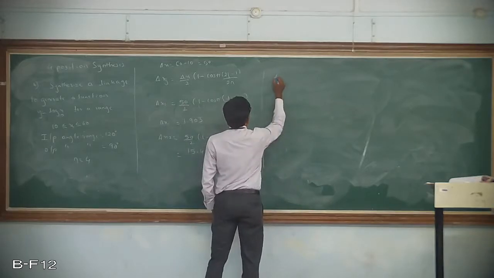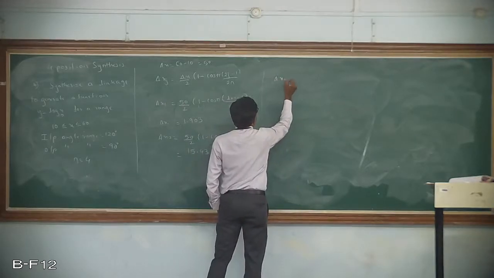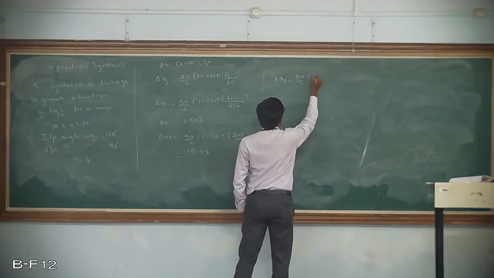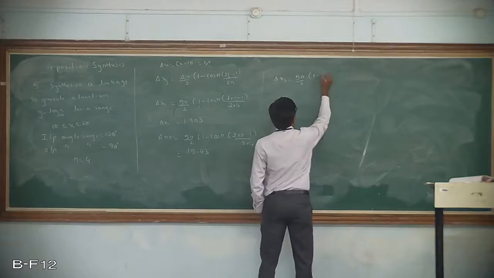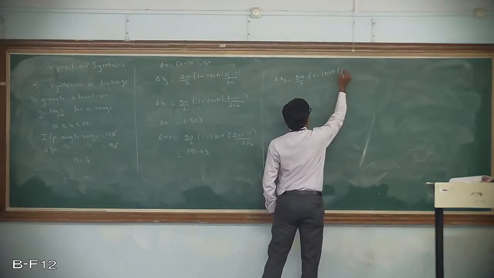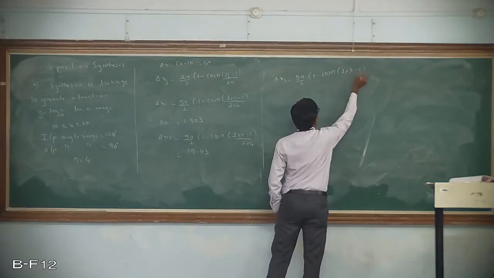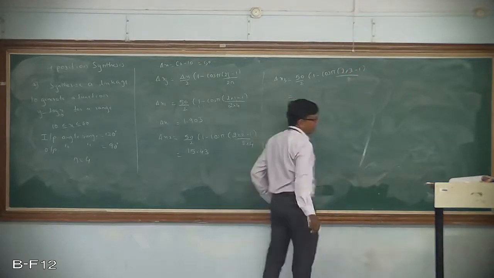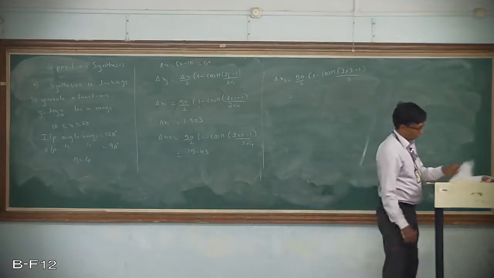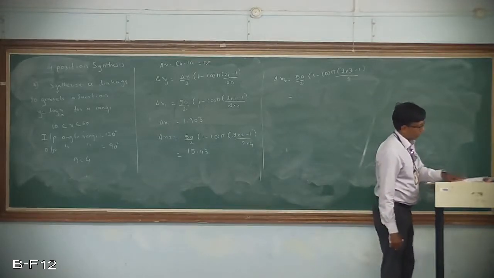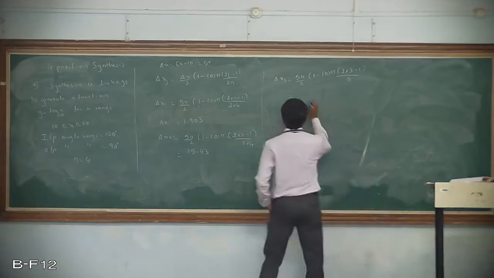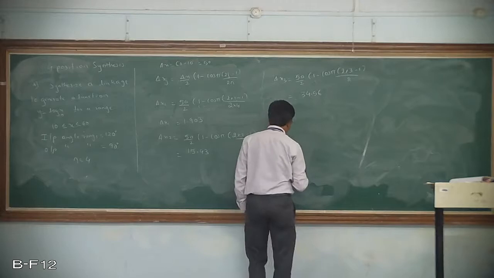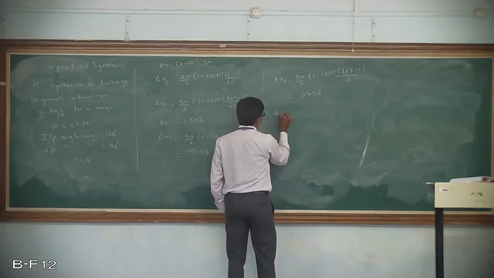Similarly, we'll be finding delta x3. So 50 by 2 into 1 minus cos pi into 2 into 3 minus 1 divided by 8. When you solve this, we will be getting delta x3 as 34.56.